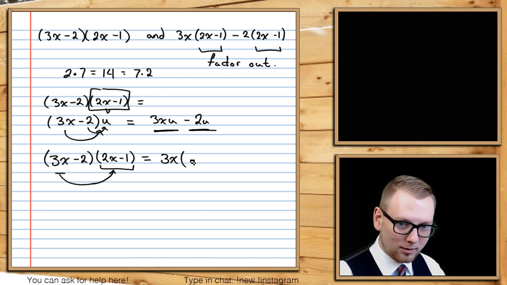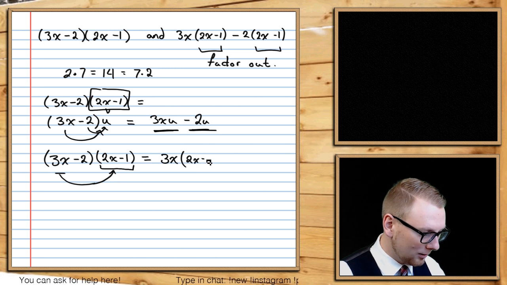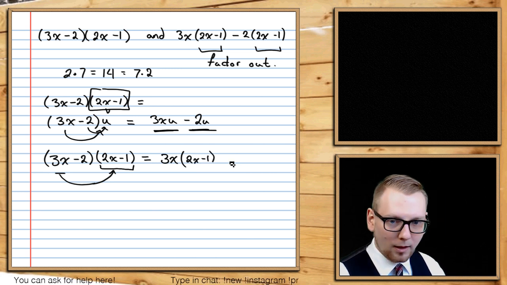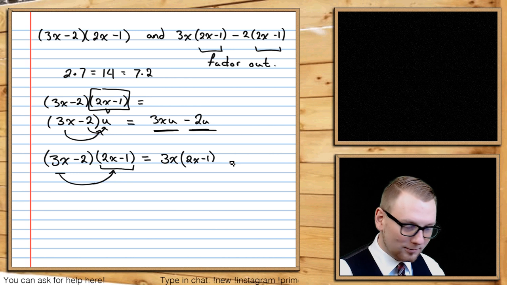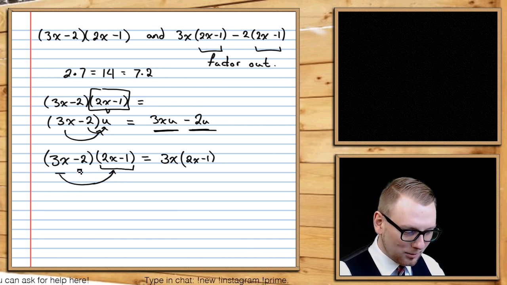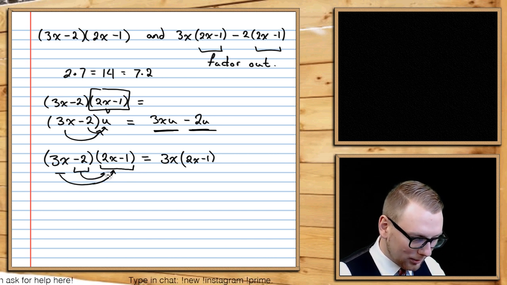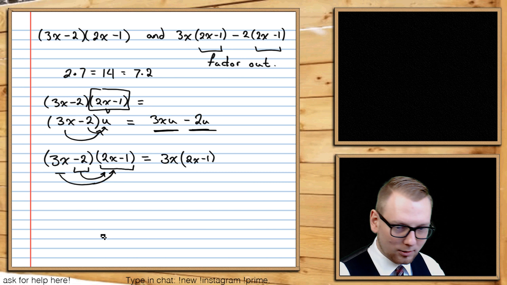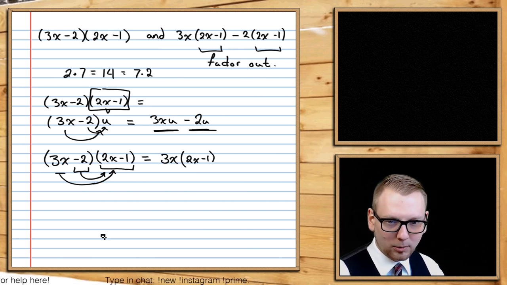Yeah, okay, we've got the first one, 2x minus 1. Now, the second one, we have a minus 2, then that whole thing multiplied onto the whole thing. You keep each term separate.